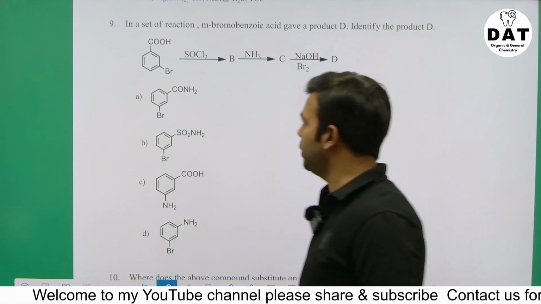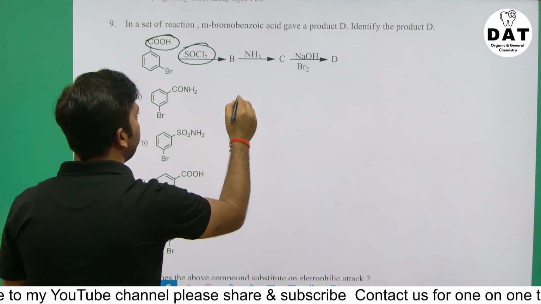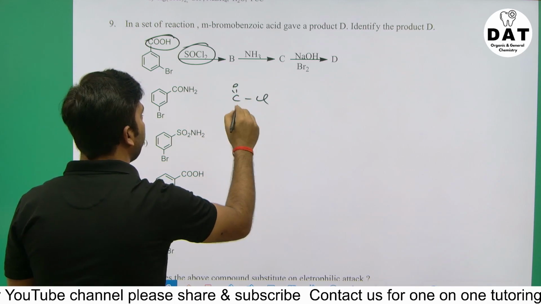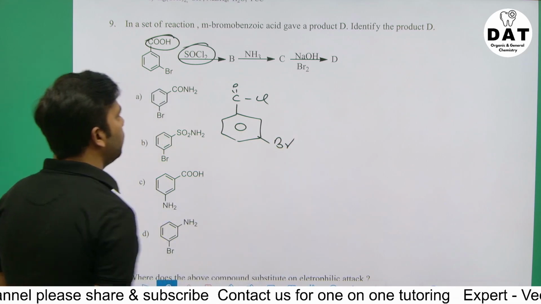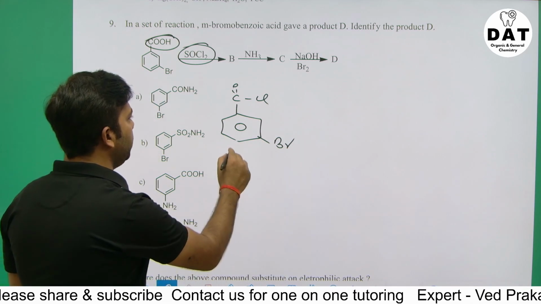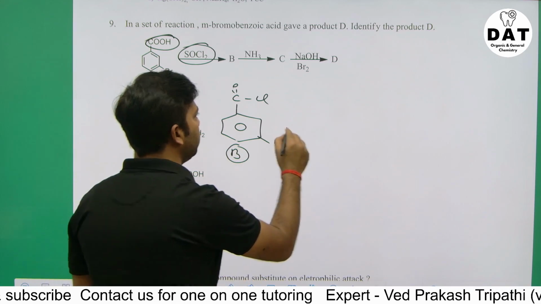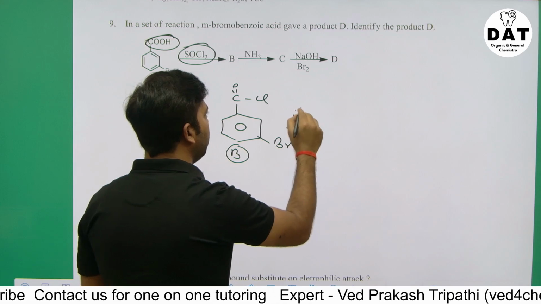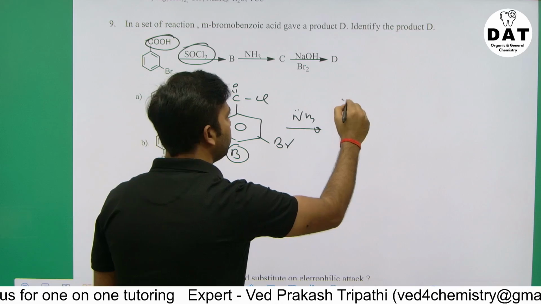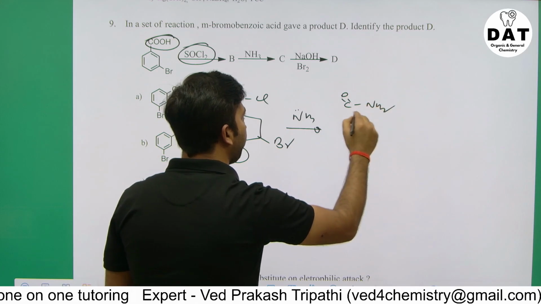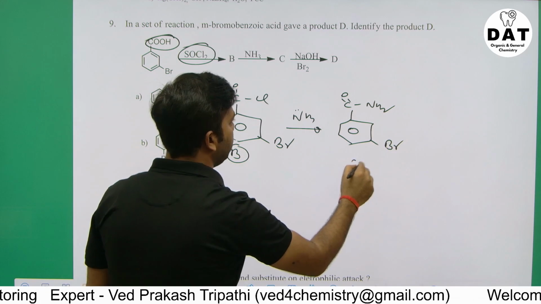We all know whenever you have a carboxylic acid and here SOCl2, the OH is replaced by chlorine, so we have COCl and this is bromine here. So this is the structure of B. And the next one is amine treated with B. So this is simple as well. You know, Cl is a leaving group, so NH2 will be in place of chlorine, so it should be CONH2 like this. This is C.